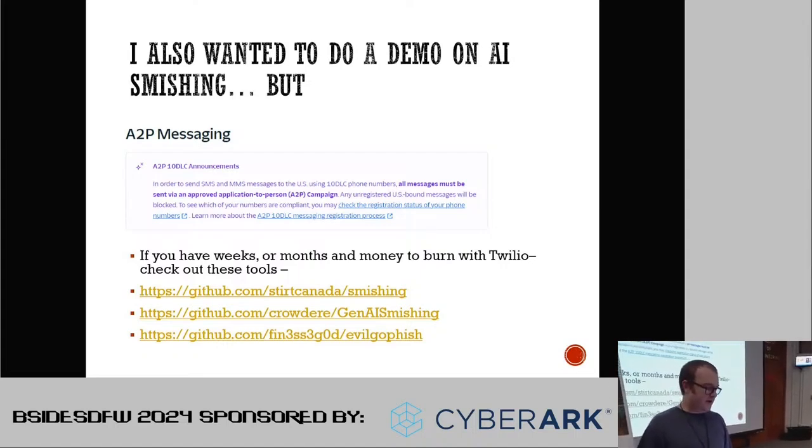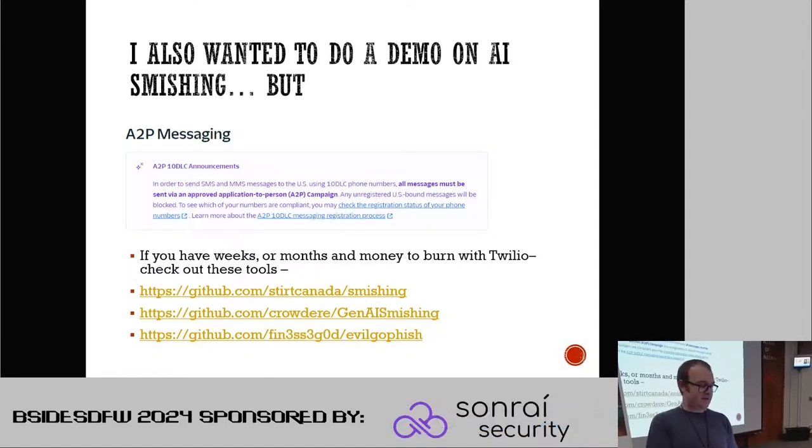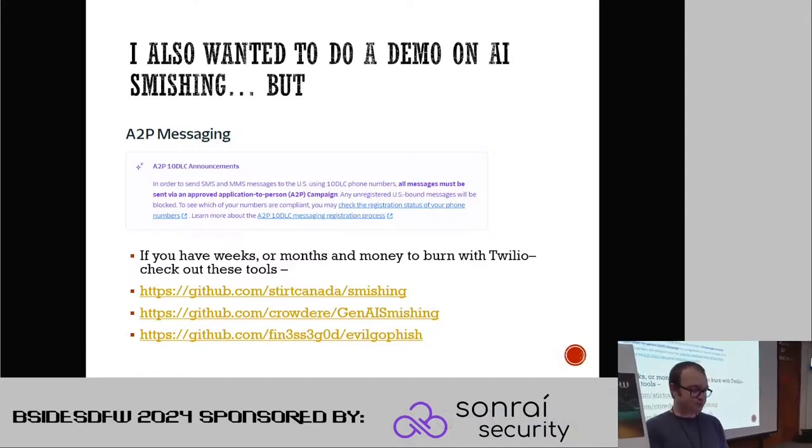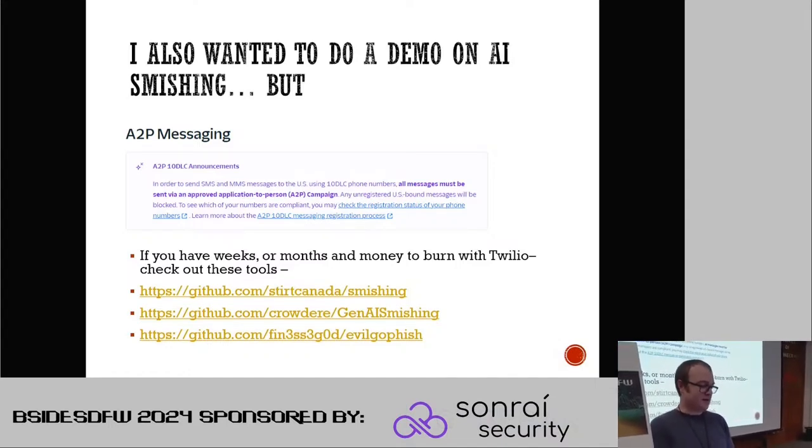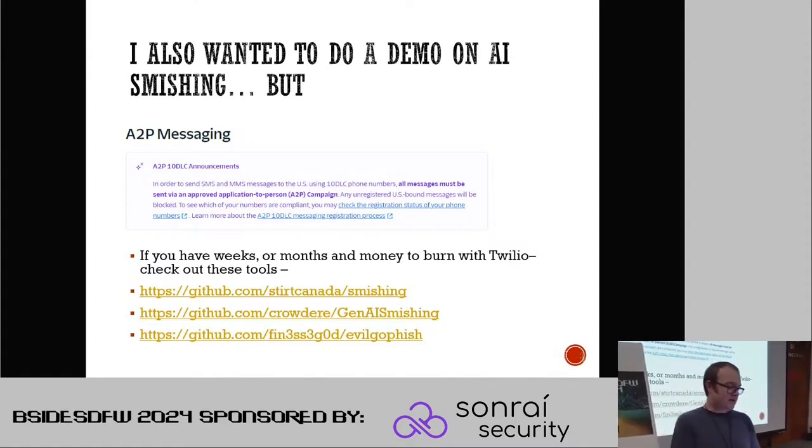Evil GoFish is a combination of GoFish, which is a phishing platform, and they have some extensibility in there. So I feel like there is the capability to link AI into your GoFish campaigns. And then the evil part comes from the Evil Jinx or the Evil Nginx tool being integrated into that.